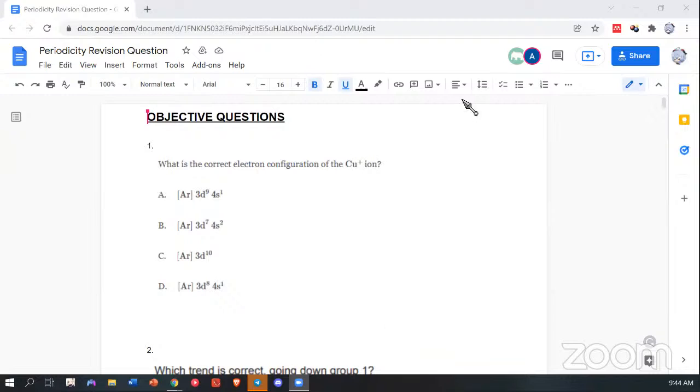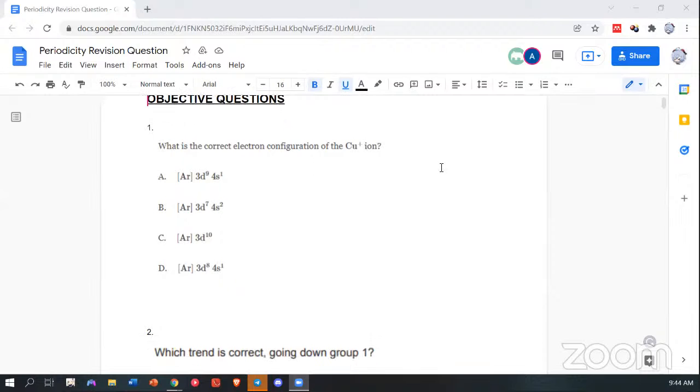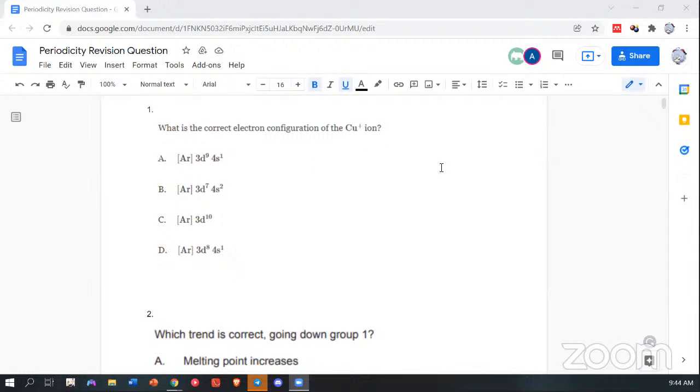As per request yesterday, Azimah wants us to have our data booklet beside us. For the first question, what is the correct electron configuration of the Cu+ ion? We have our data booklet in our right or left hand.